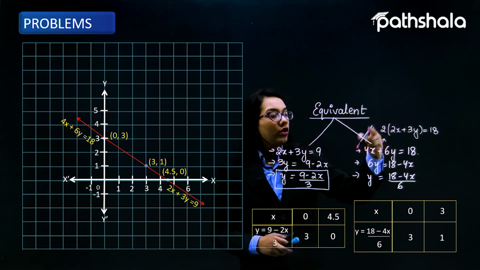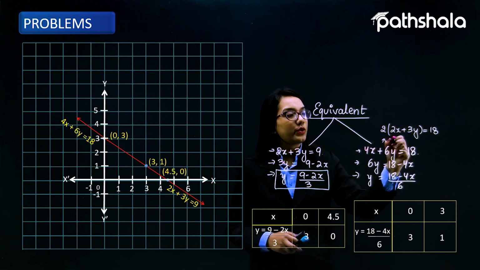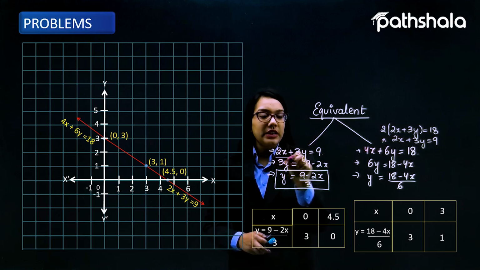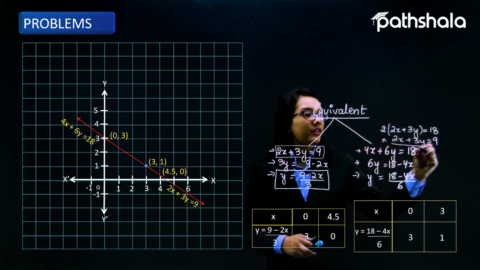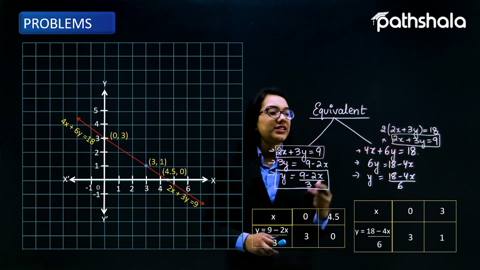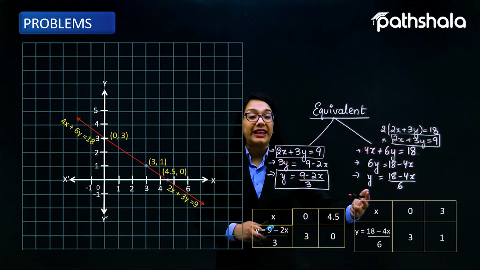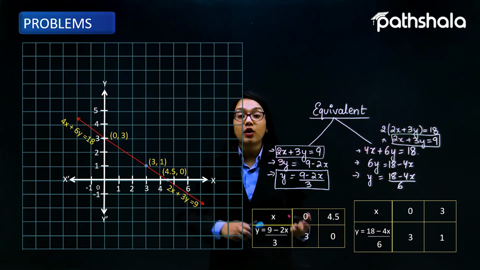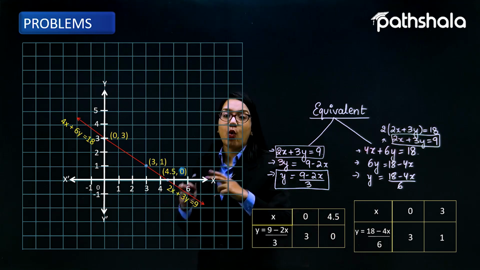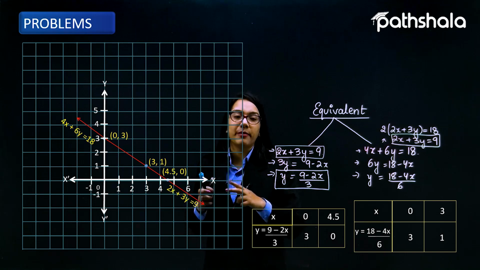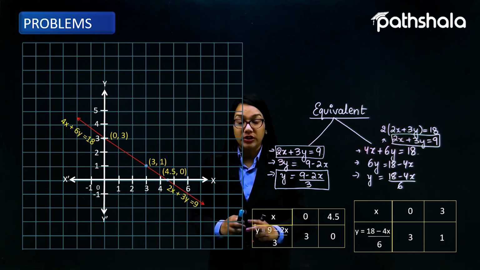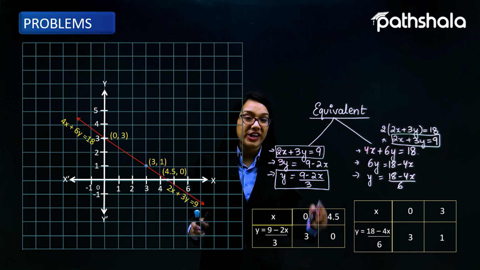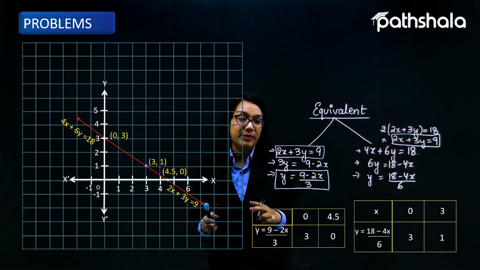And if I take 2 over to that side, this equation would be of the form 2x plus 3y is equal to 9, and as you can see, this equation is similar to the first equation. So both of these equations are equivalent, and as they are equivalent to each other, they are coincident, as both of them are lying on each other. So this is the nature of these two equations in the graphical representation.